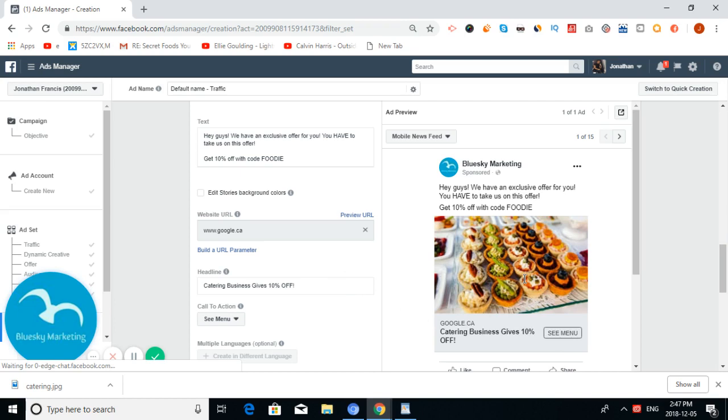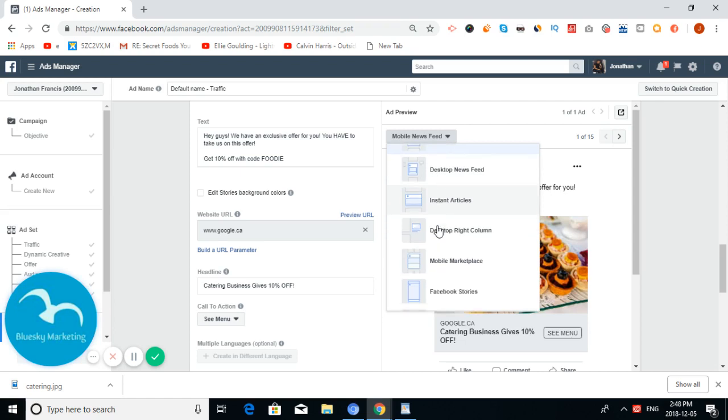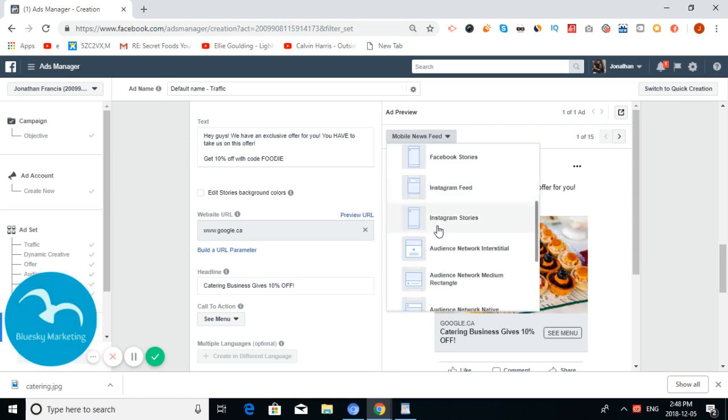So you're probably saying this ad looks only how it would if I was viewing it on my mobile phone. How does it look on the computer? Well, you just asked a great question. All you do is click this button right here, and now you could see how the ad looks on different spots on Facebook, because we chose where we wanted the ad to show.